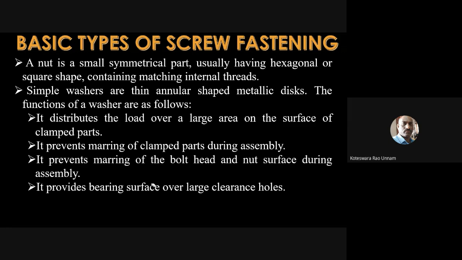And not only that, it provides a bearing surface over large clearance holes. As already told, if you use a washer, it will increase the contact area. Contact area increasing means the bearing surface is going to be increased. Because of that, you have a less bearing stress.